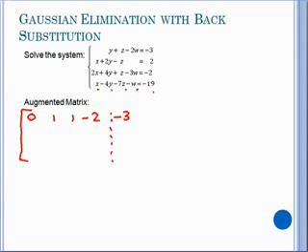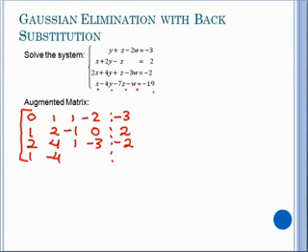For the second row, we've got 1, 2, negative 1, 0, and our constant is 2. Third row, 2, 4, 1, negative 3, negative 2, and your last row is 1, negative 4, negative 7, negative 1, and negative 19. So that is our complete augmented matrix.